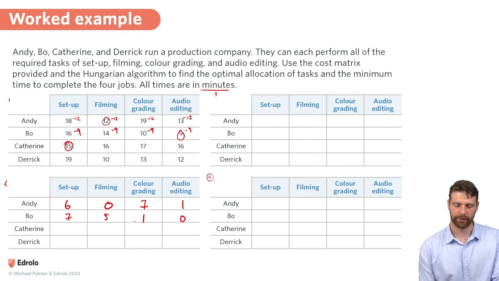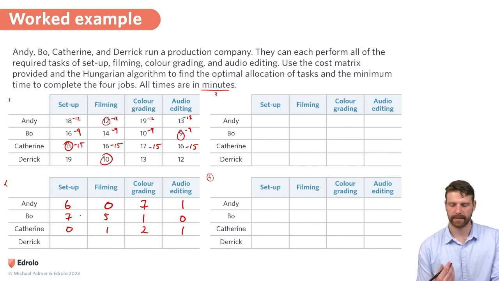Taking away 15 from all of those values gives me 0, 1, 2, 1. Derek's row is the last one, and the lowest value in that row is 10. Taking that away leaves me with 9, 0, 3, and 2.